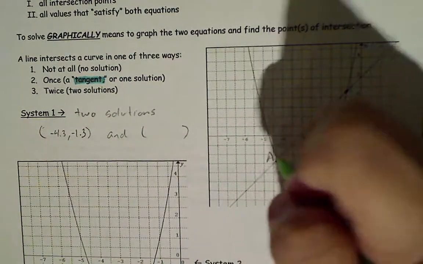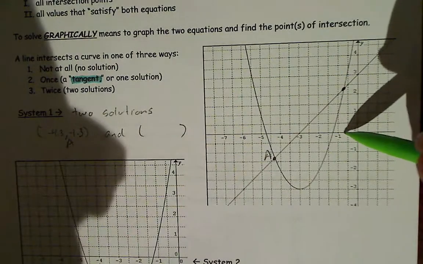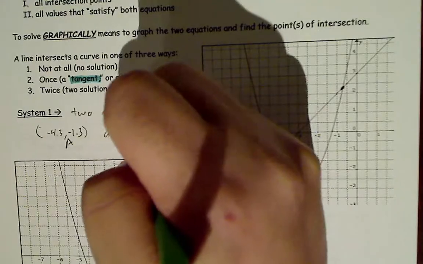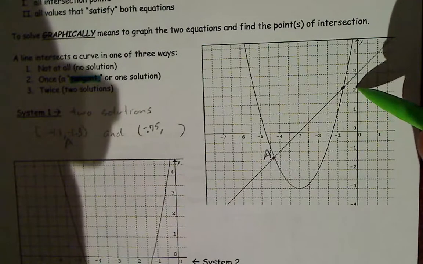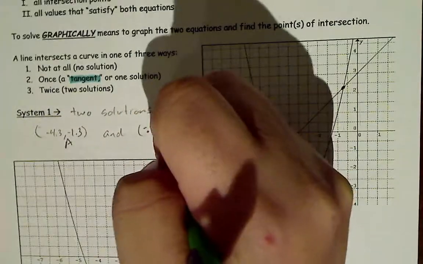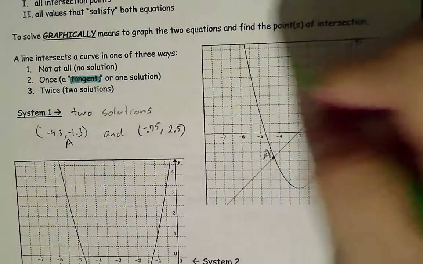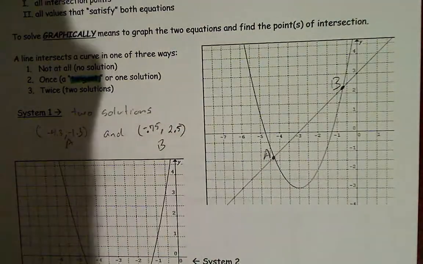I'm going to label this one A. The second one looks like it's going to be approximately negative 0.75, and then it looks like 2.5 maybe. If I had the actual equations, I could figure these out precisely, but since I don't, I'm just doing an approximation at this point.